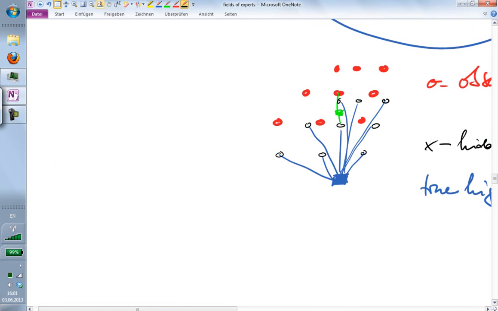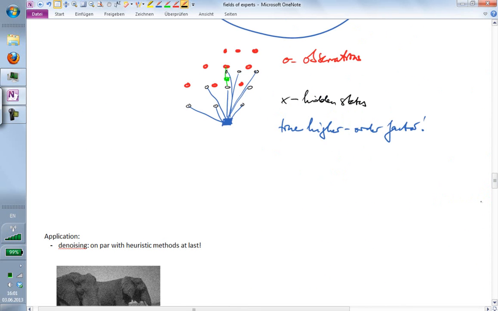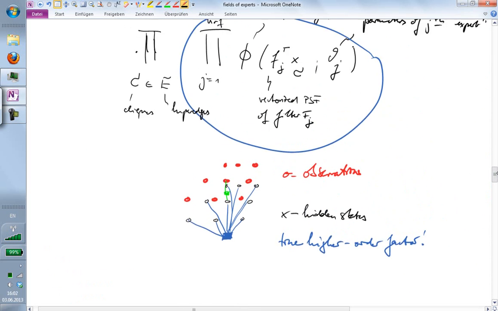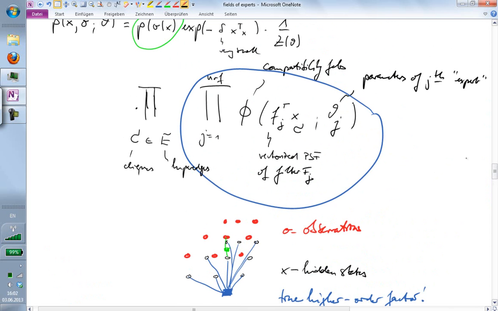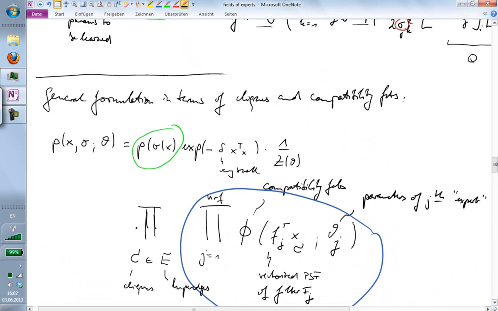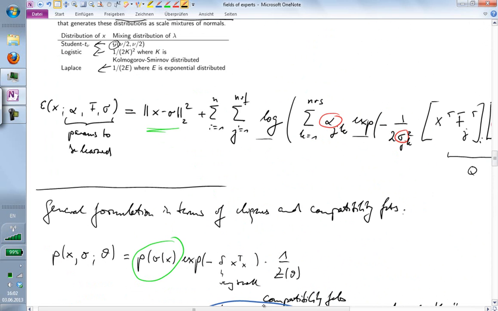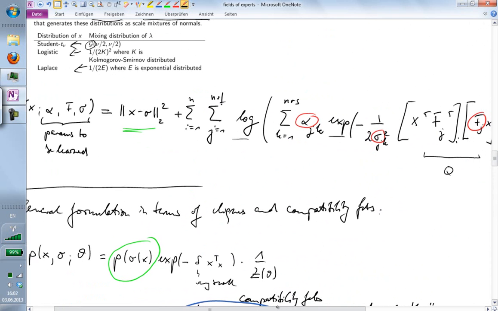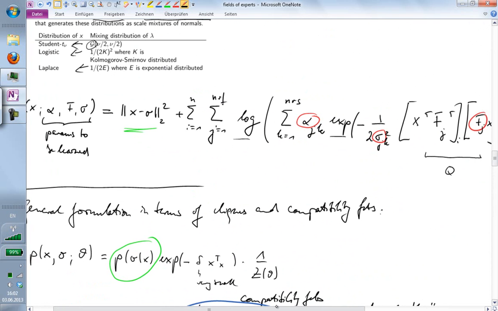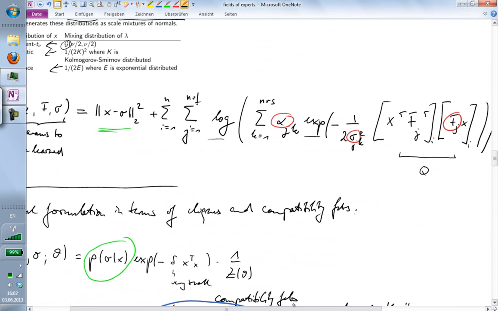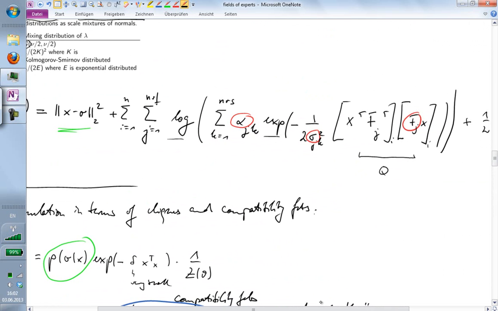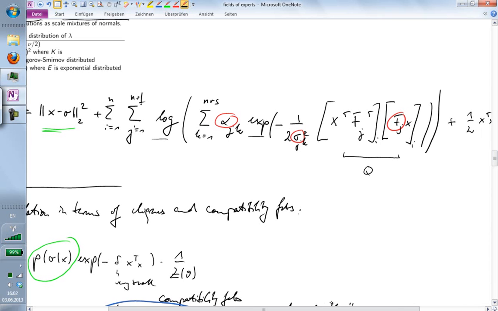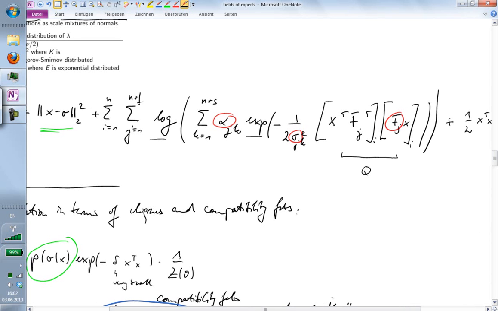And it is truly higher order because we cannot rewrite this kind of expression, or we can go to one of the more concrete formulas up here, we cannot rewrite this concrete expression as a sum of just pairwise terms. This is why it's truly higher order.